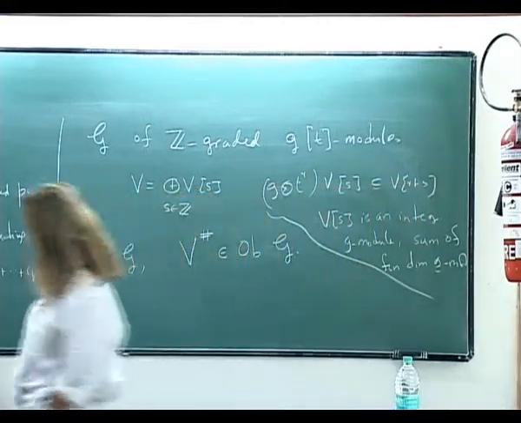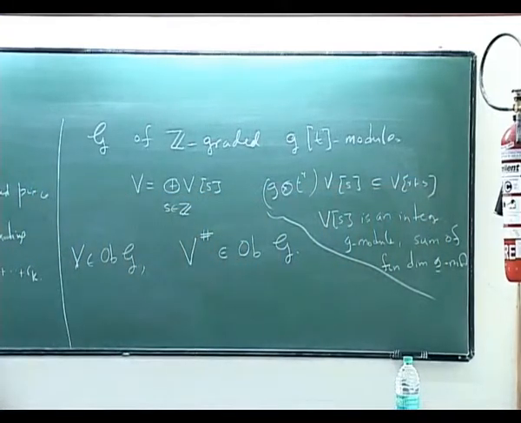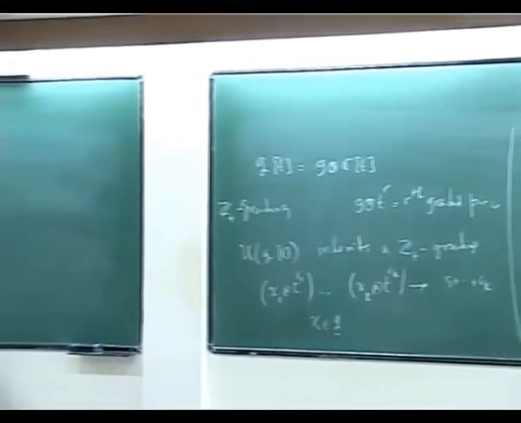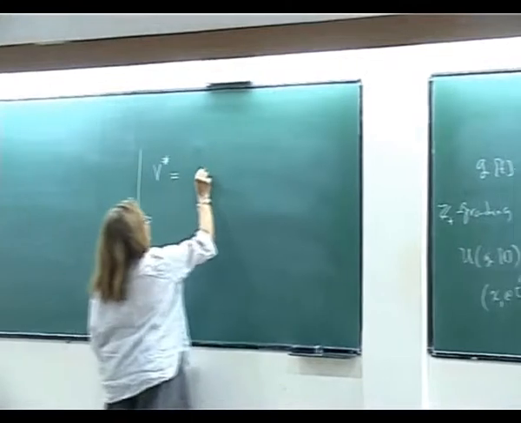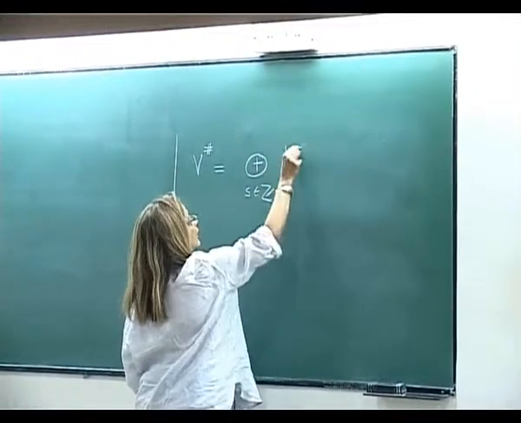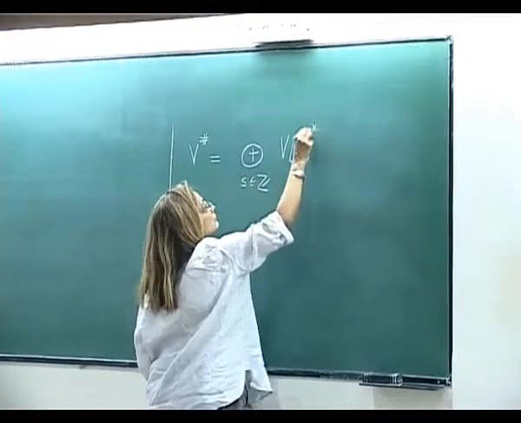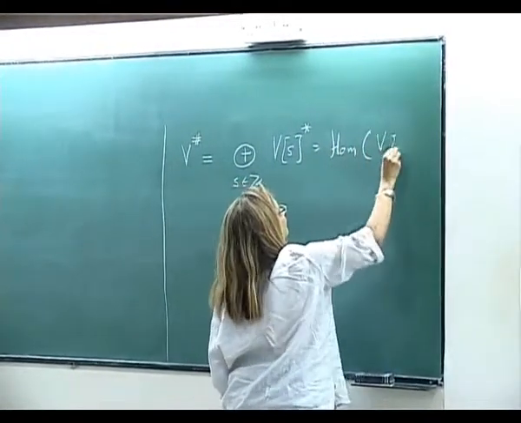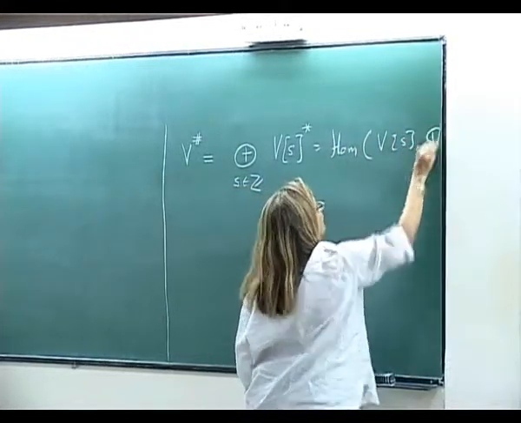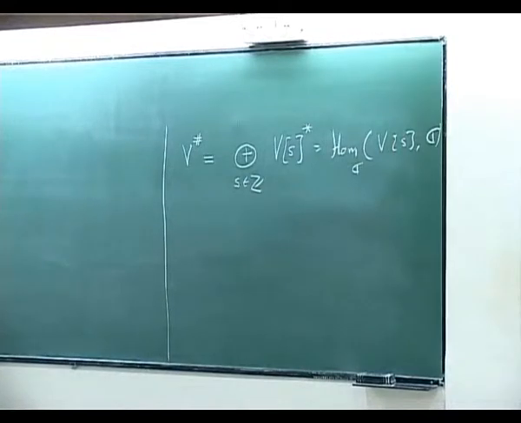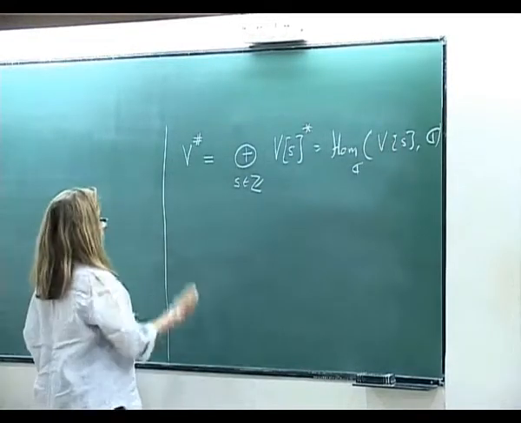Okay, so I want to define the dual representation. So for that, as a vector space, V dagger is just the direct sum over s in Z of Vs star, which is just Hom(Vs, C). These are vector space maps, linear maps. And what is the grading?